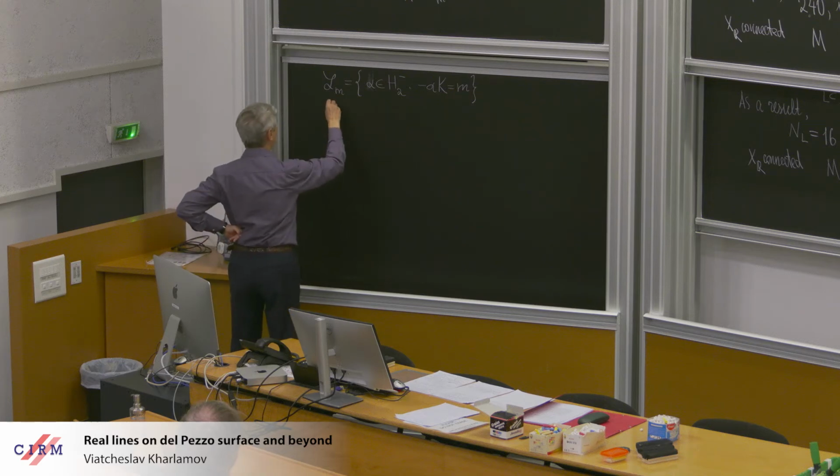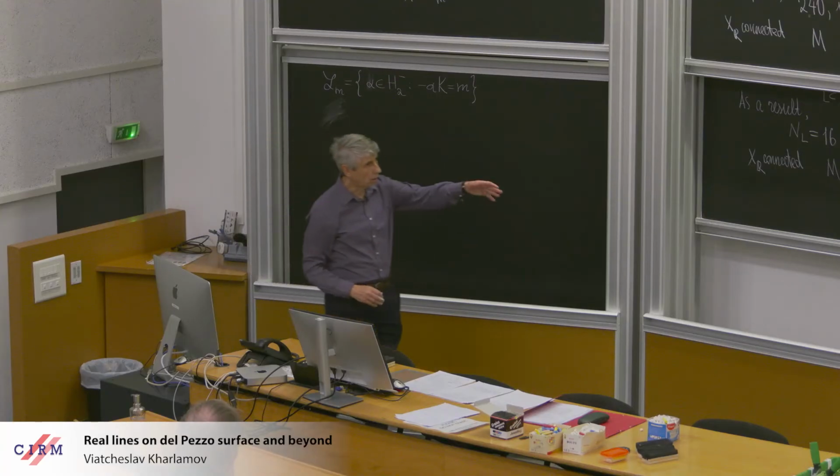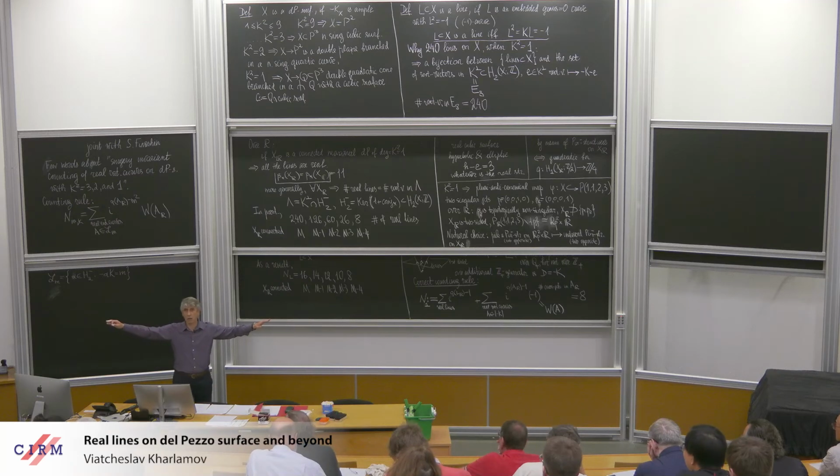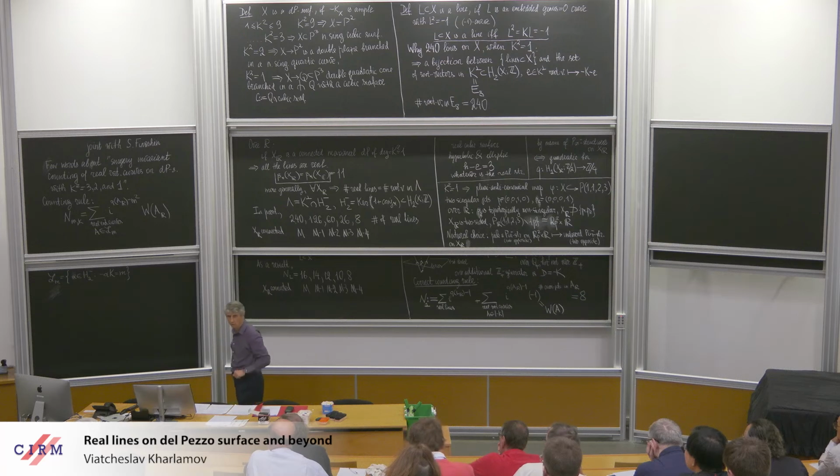Square is fixed, just a level, just a slice. And I add some other homology classes, but anyway, there will be no curves to count there, so I don't mention it.